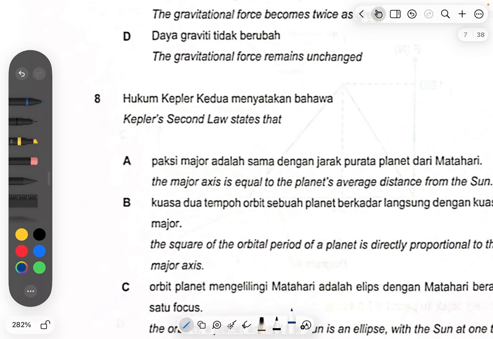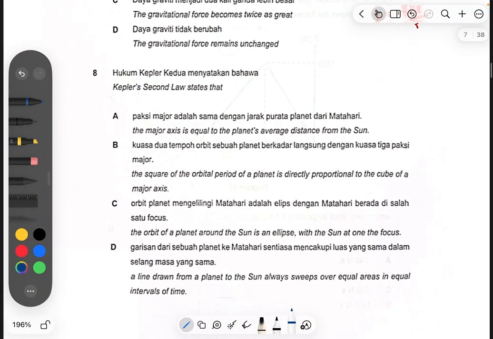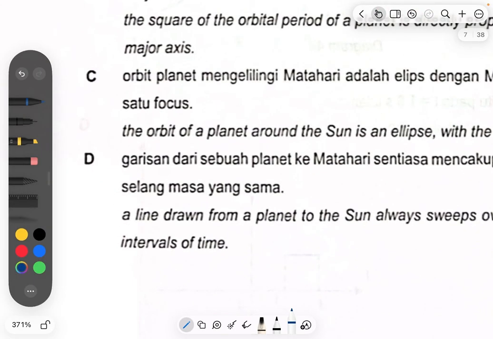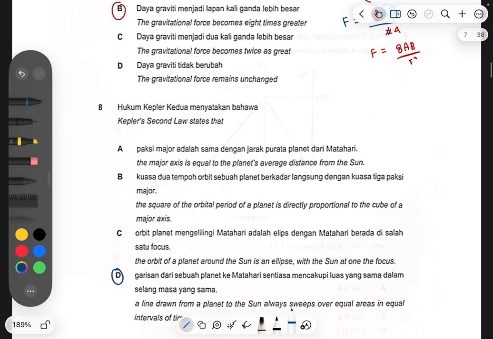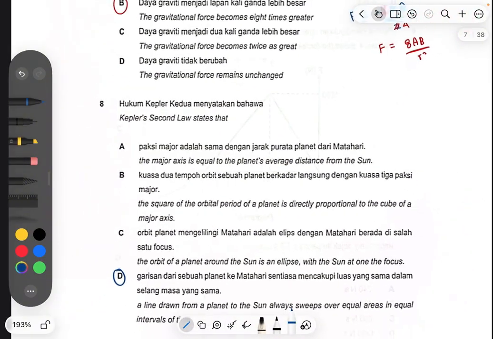Okay, Kepler's second law. Kepler's second law is about equal areas in equal intervals of time. Yep, this one. Option D: the major axis is equal to the planet's average distance from the sun.